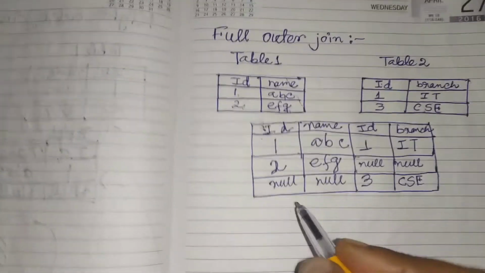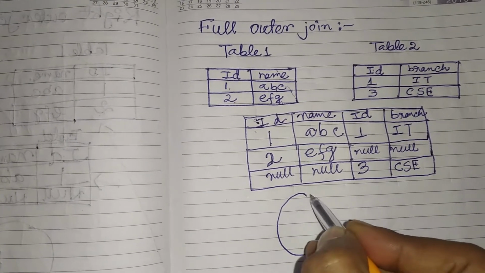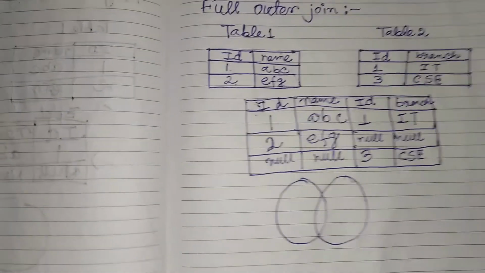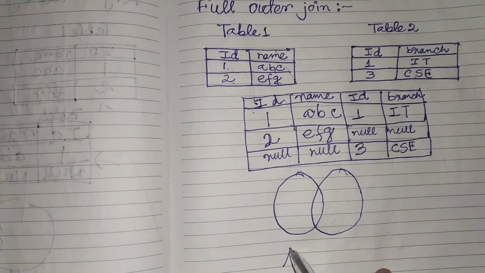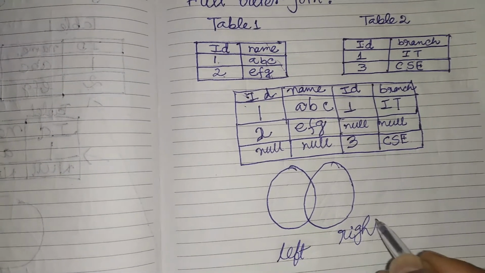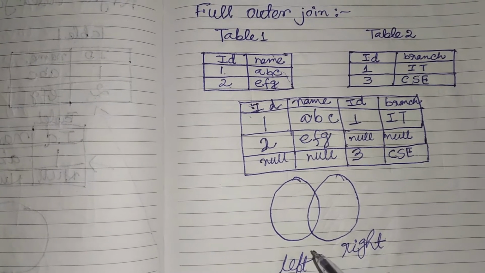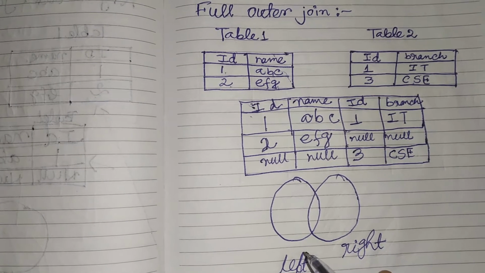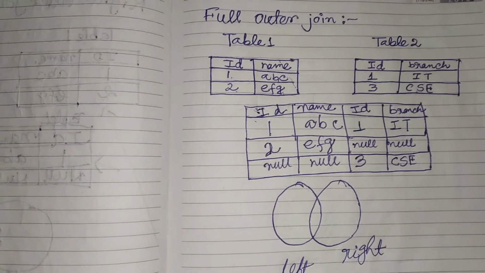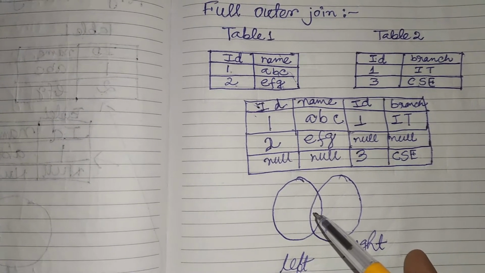If we represent full outer join in a Venn diagram, left, right. So full outer join is the combination of inner join, left outer join and right outer join.